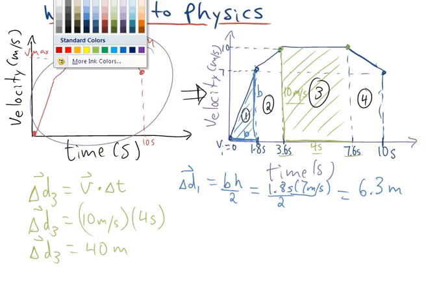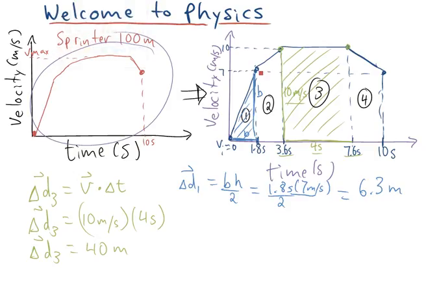Now if I change color, I can do this guy. But what do you notice about this phase? Delta D2, sorry, we already did 3, is equal to the rectangle plus the triangle. To calculate this, we first do the rectangle. What's the rectangle?